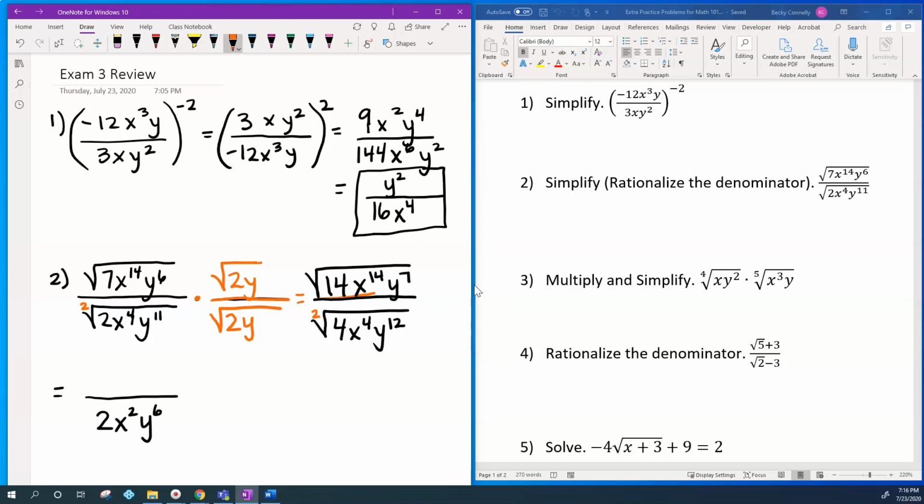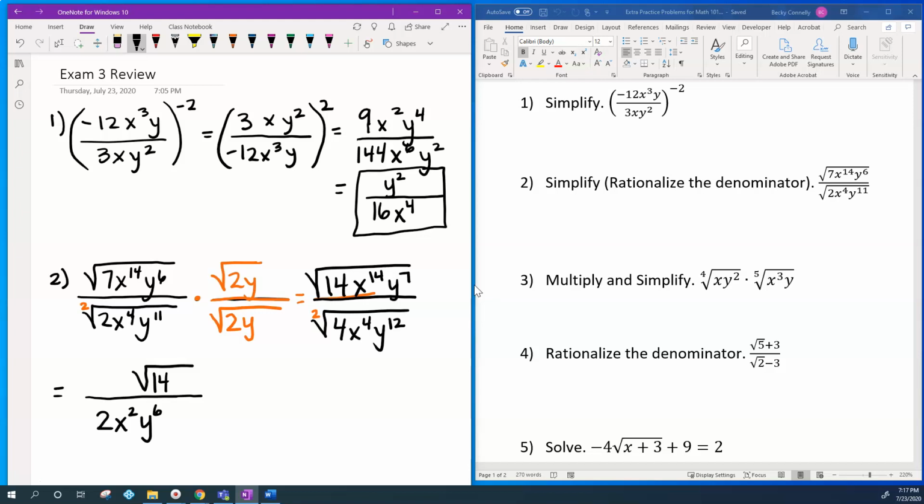And then we need to simplify the top. If we look at 14, we'd want to do a factor tree on that if it was a really big number to see if there were any numbers that could come out of the square root, but there is not. So I know I'm going to have some stuff that comes out, but some stuff that's still stuck inside. So my 14 is stuck inside.